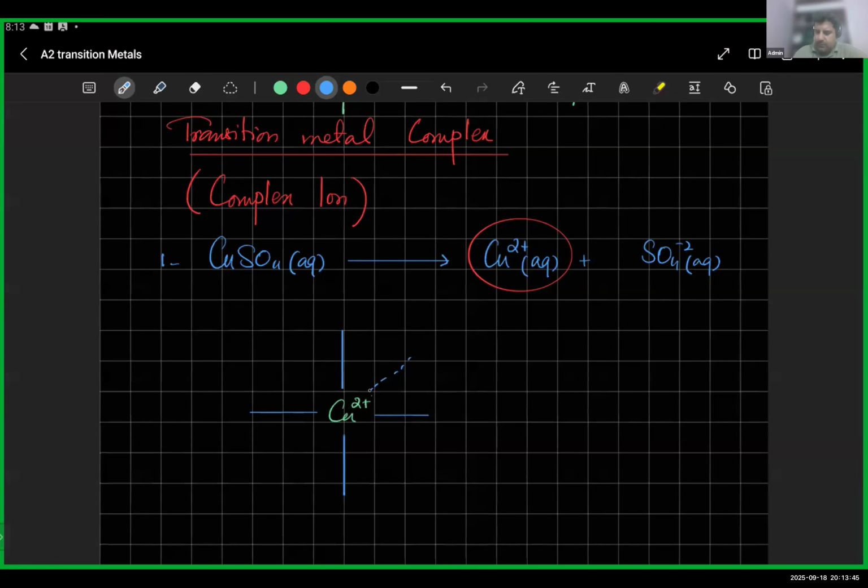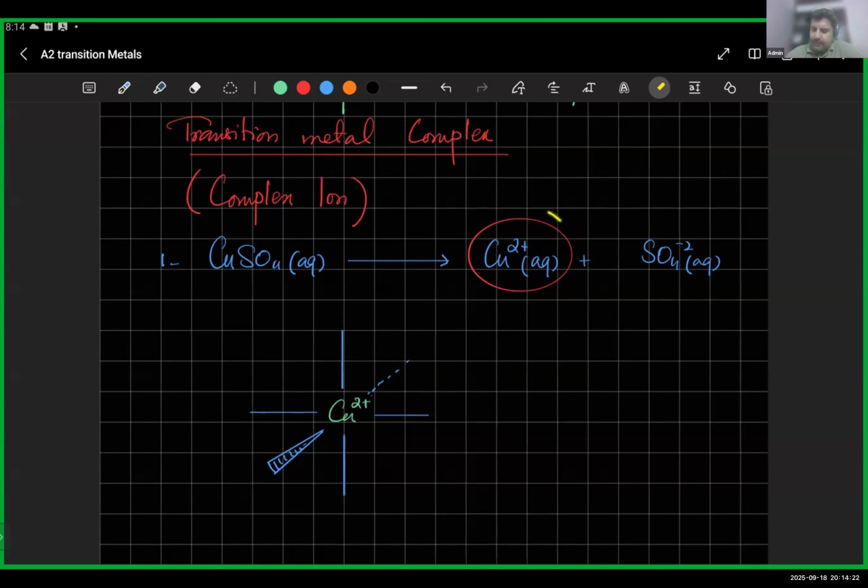There's one side that's going behind it, and there's one side that's coming in front of it. You can think of yourself in the middle, and there are six sides: top, bottom, right side, left side, this is the back side, this is the front side.